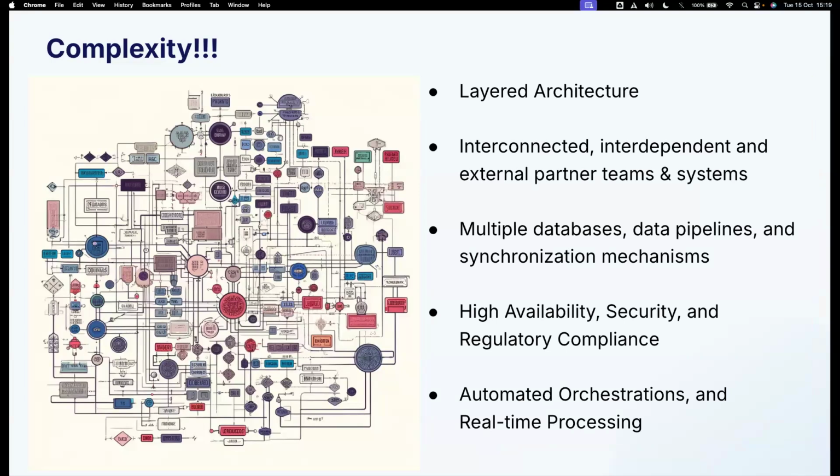Very high availability, which is very typical for large enterprise customers, where they would need high availability, security, and regulatory compliance, which essentially causes a lot of concerns when you are testing functionality, because you're just not testing functionality.